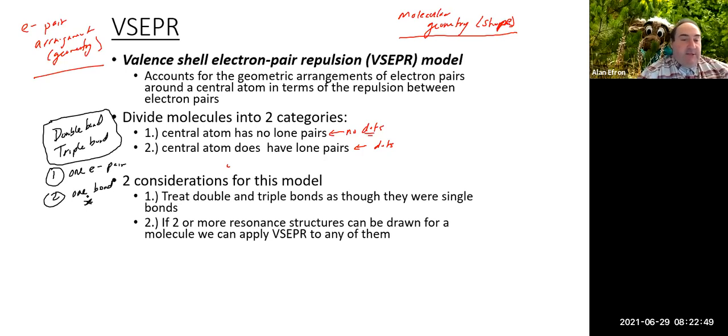The other consideration is what it says on the bottom. We talked about resonance structures, a situation where you have options as to where you can draw the double bond, like we did with carbonate. You can apply VSEPR to any resonance structure. For the most part, if you draw a legitimate resonance structure, you can apply this geometry to any of them, and you will hit the exact same geometry.